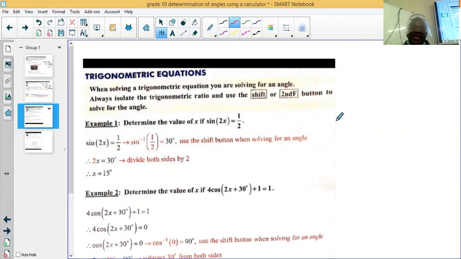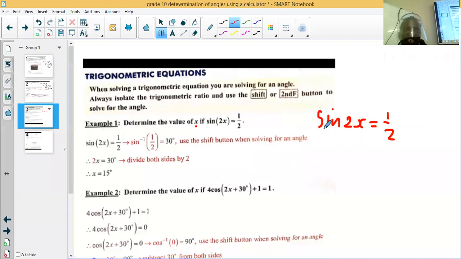Now, here they are saying, determine the value of x. Here they want you to find the numerical value of x. So let us look at it. We've got sine 2x. Sine 2x is equal to half. We want to find the value of x.